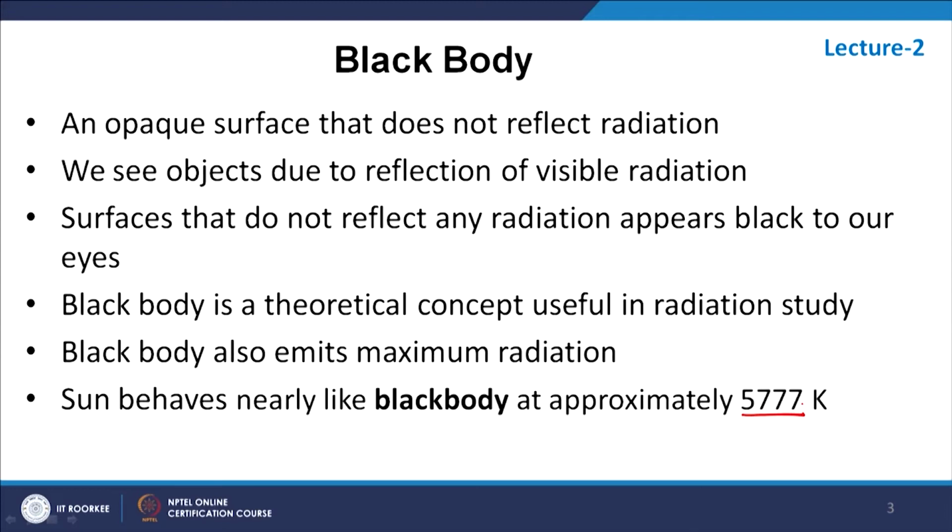Now, the interest in black surfaces basically arose with research in the area of solar radiation. Our sun behaves pretty much like a black body at a temperature of 5777 Kelvin. Later on researchers tried to fit some mathematical relation to explain the radiation behavior of the sun.